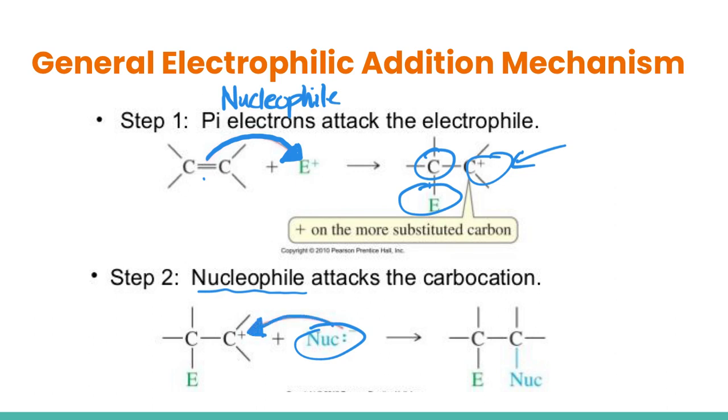So that's going to come in, attack that, and create another bond between the carbon and the nucleophile itself. So generally that's what's happening. It's happening in two steps, but we're going to look at some specific examples of reactions that we've seen so far in various other videos and see how this works.